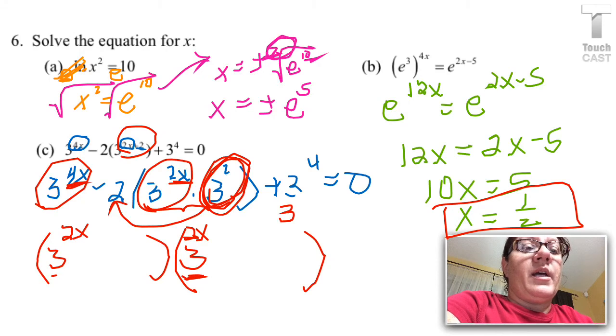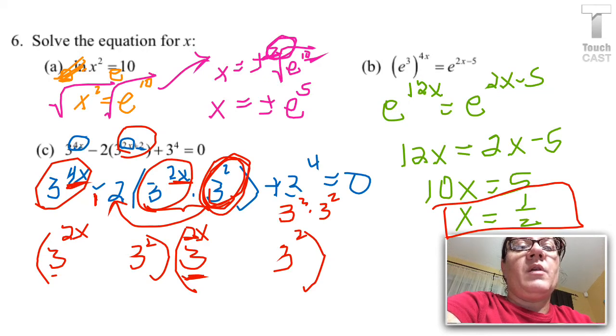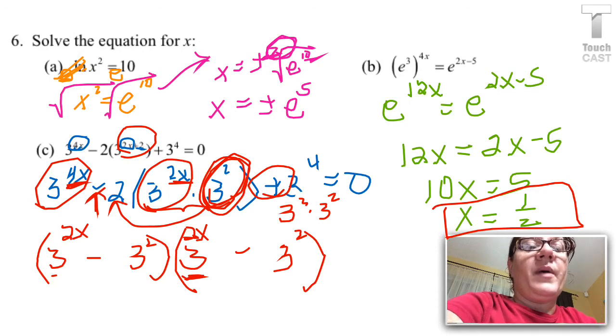I could rewrite it as 3 squared times 3 squared, which means I could put both of these at the end. And now this center is supposed to be negative, and this is supposed to be positive, so I'll need a negative negative to make that work. Negative negative. And then if you FOIL this back, it actually works.